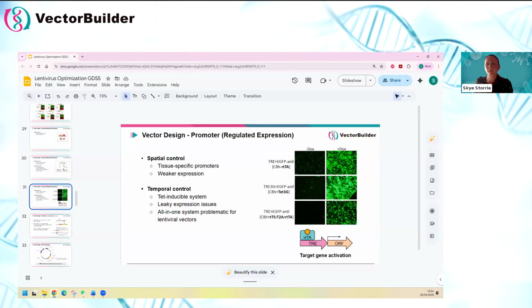Excellent. Our next question is, are there any selection markers for primary neurons or very delicate cells that probably cannot tolerate neo or puro? That's a good question.